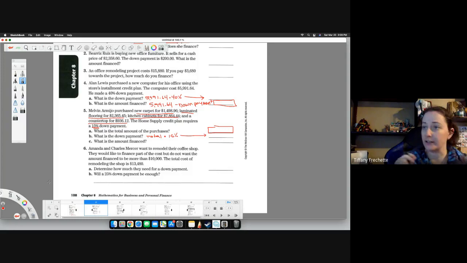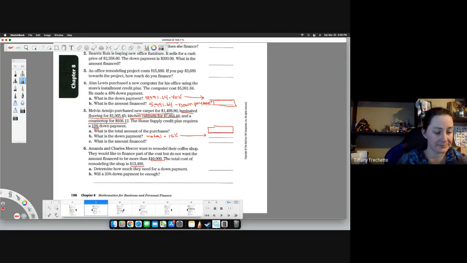All right, so the last one is a little different in the question that they ask us here. So Amanda and Charles Mercer want to remodel their coffee shop. They would like to finance part of the cost, but do not want the amount financed to be more than $10,000. The cost of remodeling the shop is $13,480. Determine how much they need for a down payment.